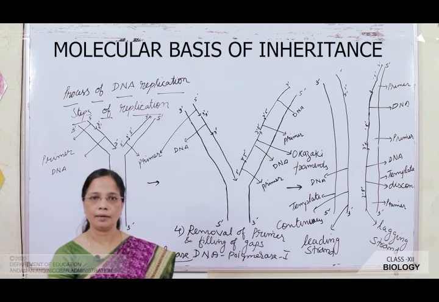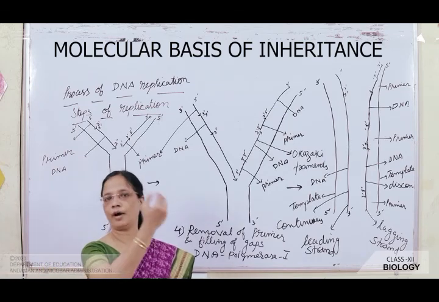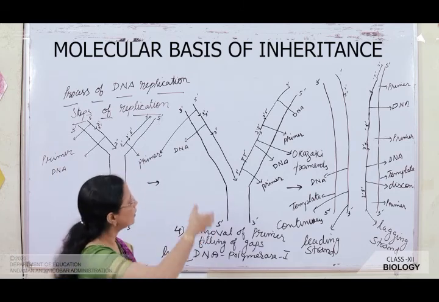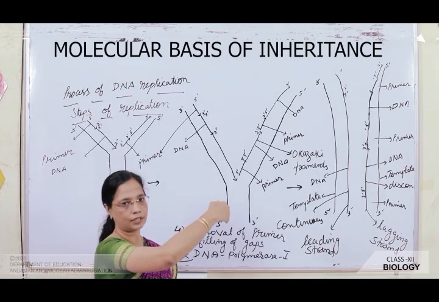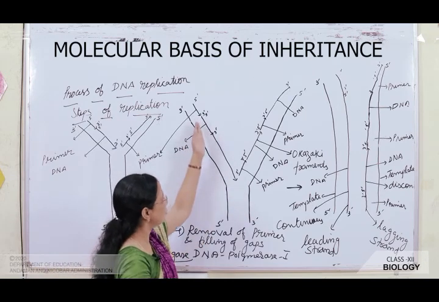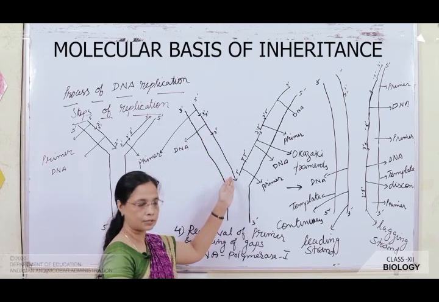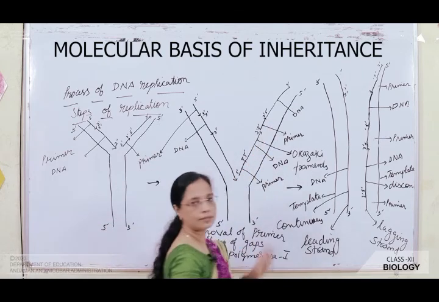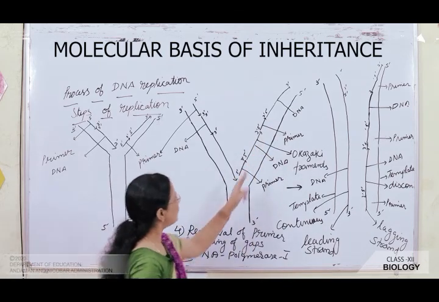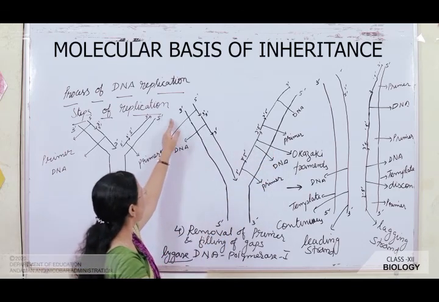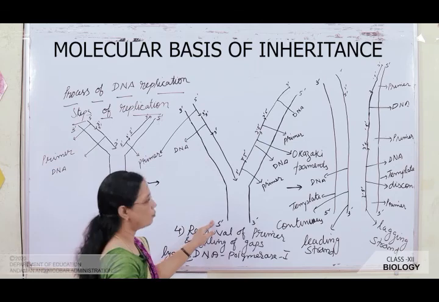Then primer is added in the 5' to 3' direction, and from there continuous synthesis takes place. One strand undergoes continuous DNA synthesis, but in the other strand small pieces of DNA are formed, as this parental strand is in the 5' to 3' direction and this parental strand is in the 3' to 5' direction.